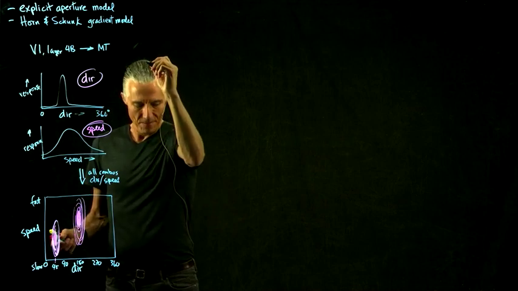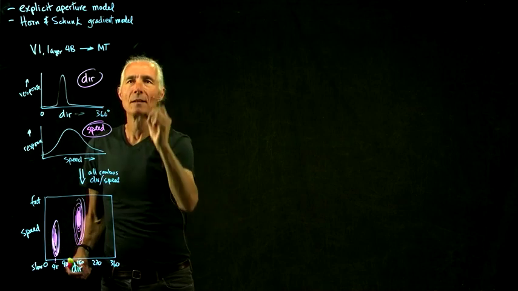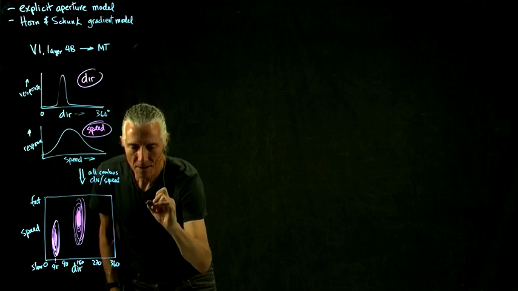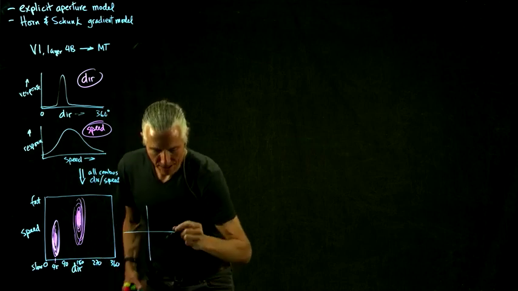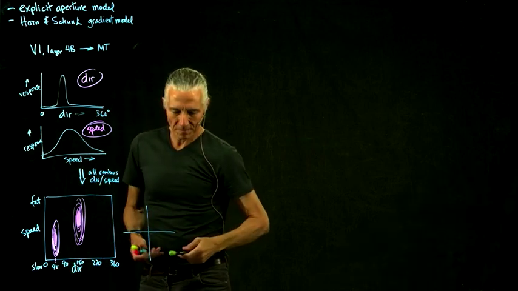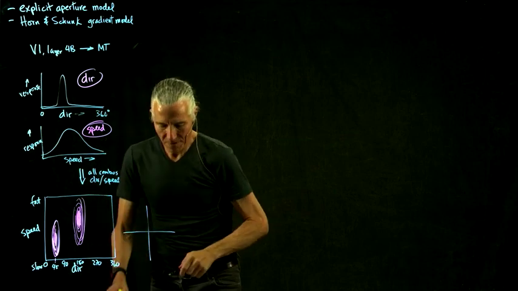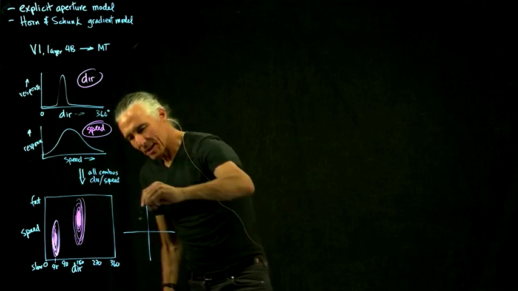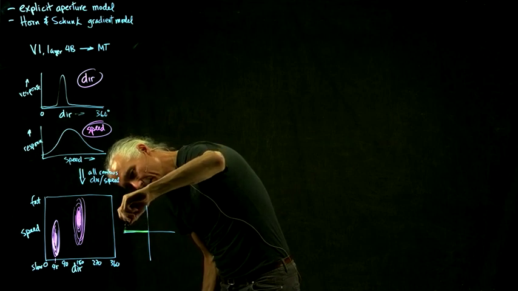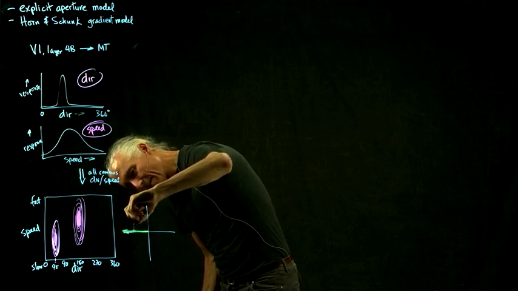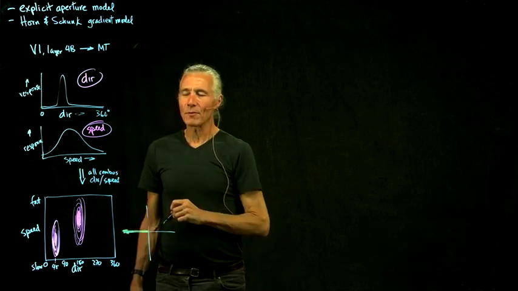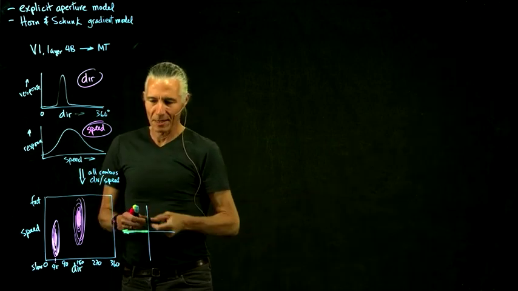Let me put it down here. A relatively long arrow going in the direction 180 degrees. So here's the selectivity of that cell. That would be a thin arrow going in the direction 180 degrees.